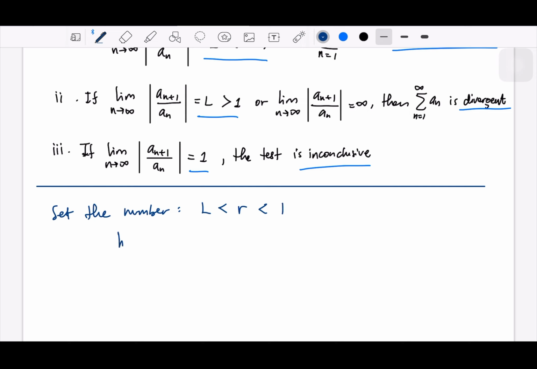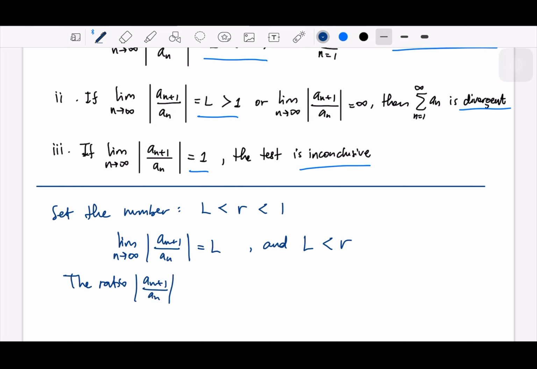And if we have the limit equal to L, and L is less than R, the ratio will eventually be less than R.